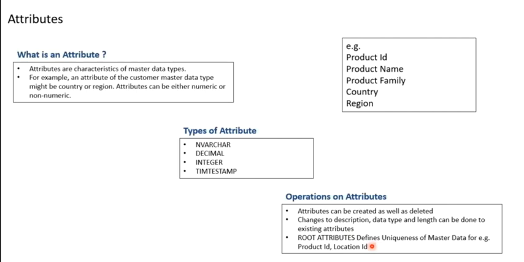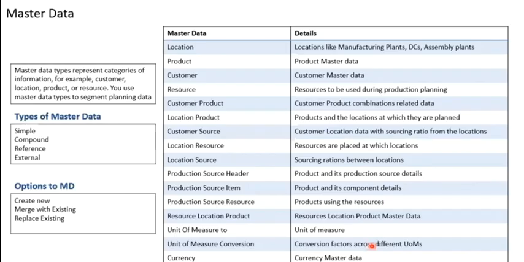Now, if you move on to master data, a collection of attributes will be attached to some master data, right? That master data can be a customer, location, product, any resources there, right? These are the list of master data which we'll be using in IBP. Some are single master data, which are called simple.